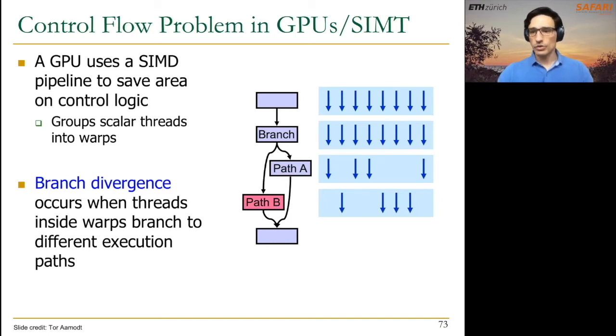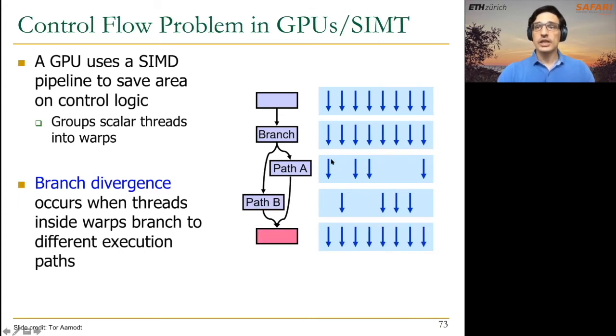We can handle this for sure, and I think we are going to see it in the next slide. We can handle it using masked execution, in the same way as we use masks in SIMD processors. It's a hardware mask. But there is a problem here. The two paths are executed independently, and we need to repeat the execution for all the threads, even though only some of them are active, through the whole path A and then through the whole path B. So even though it's possible to execute this divergent branch on the GPU, it's not the most efficient thing.